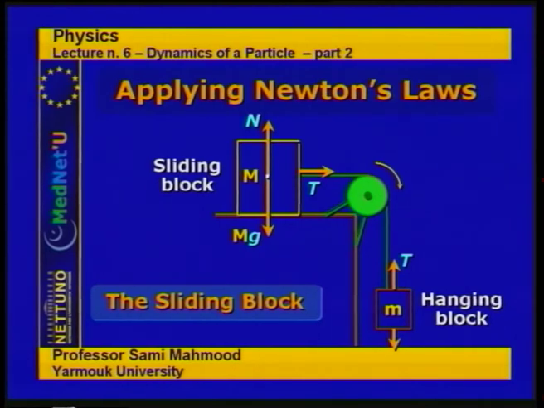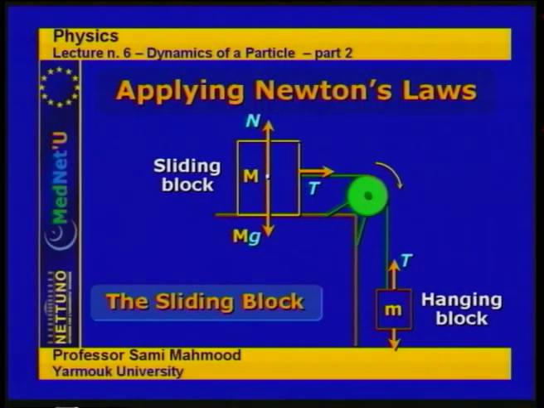For simplicity, in order to limit our study of the motion to the motion of the two bodies only, small m and capital M, the cord is assumed also to be massless, and that leaves us only with two objects having masses, and we can study the motion of these two objects.